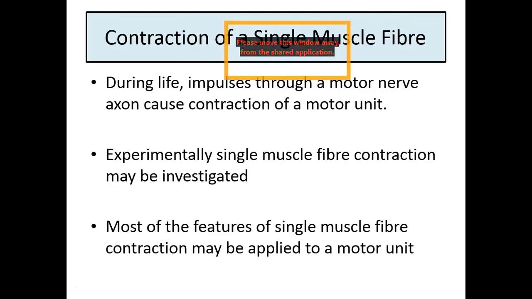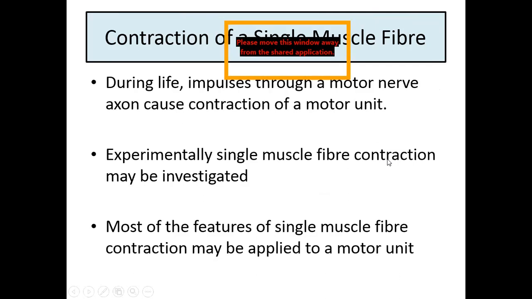Now coming to the contraction of the single muscle fiber. We can study the contraction of the skeletal muscle fiber by isolating the muscle from the body with the intact nerve. So it is a nerve muscle preparation, definitely not from humans. Experimentally we can investigate the muscle fiber contraction.